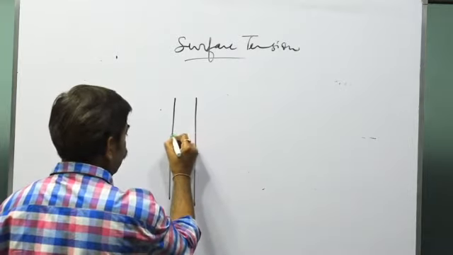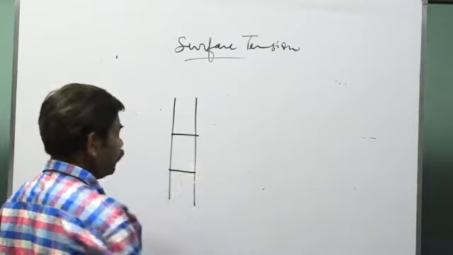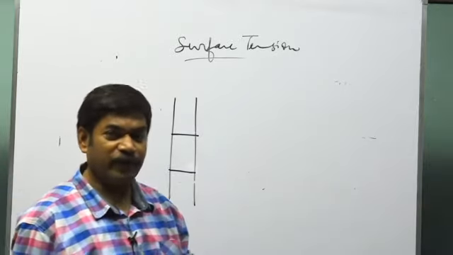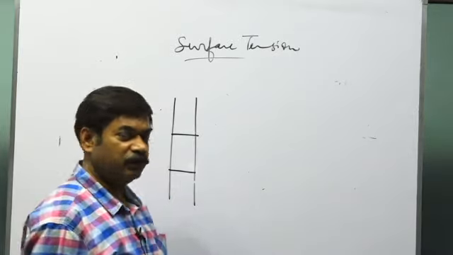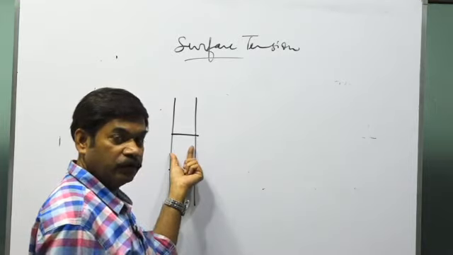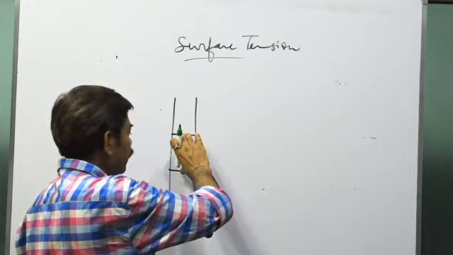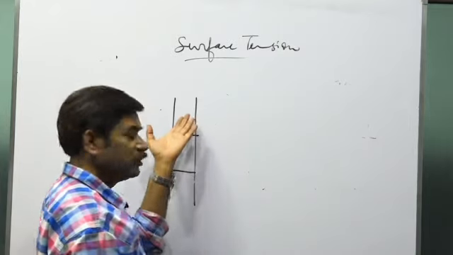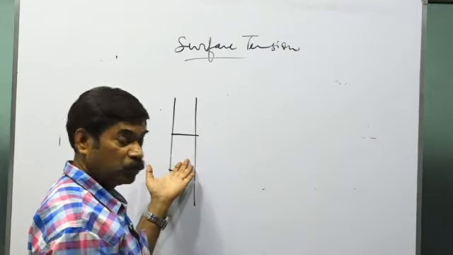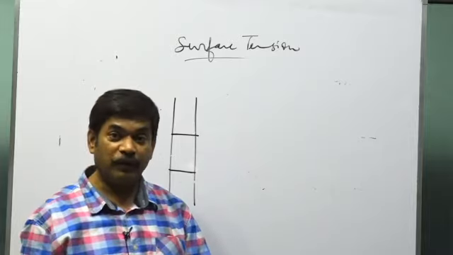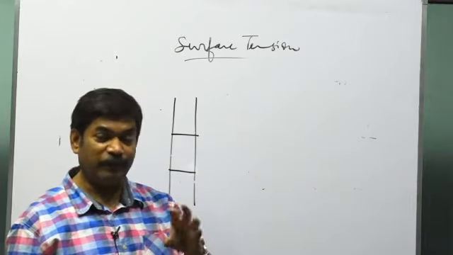Here we have a liquid column. What you have to remember is, if you leave a liquid column here, you can always see that some length of the liquid column can be balanced inside the capillary, though the lower part of the capillary is also open, but it will not fall down, it can be balanced.